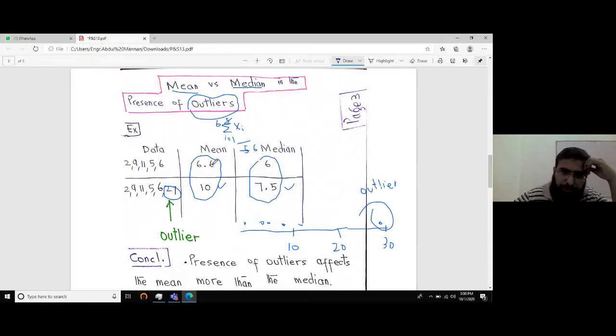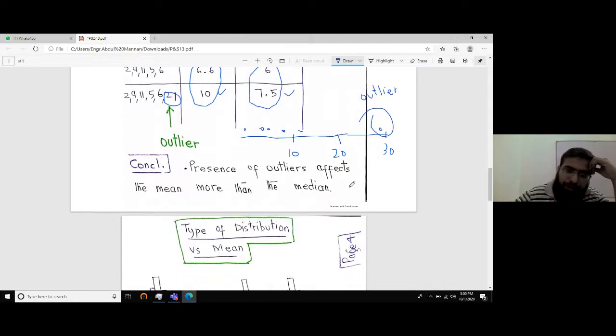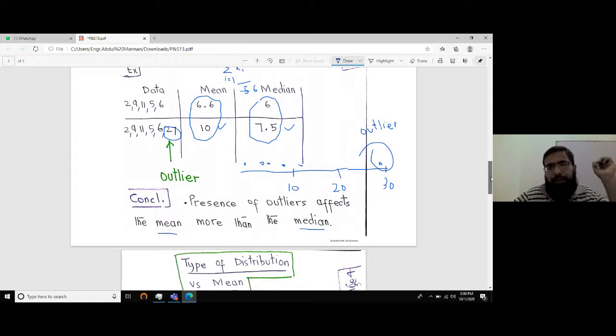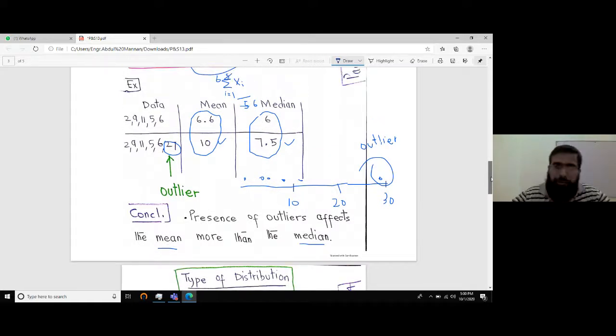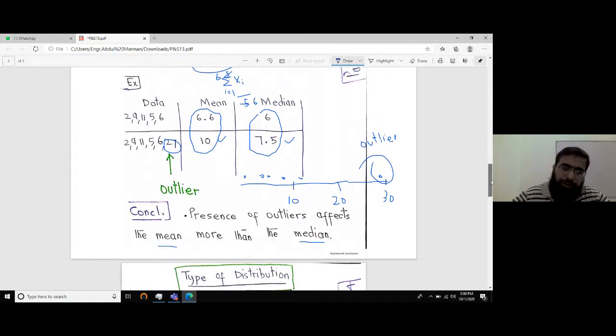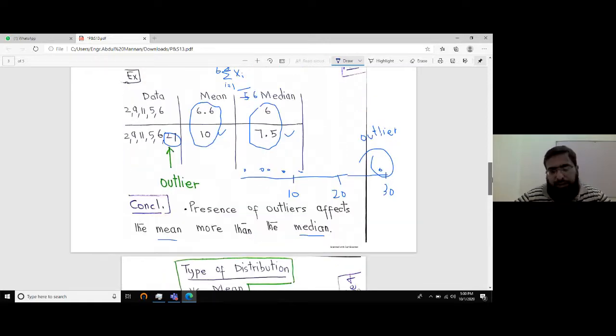So in the presence of outliers, the median tends to be a better measure compared to the mean. The mean is affected more than the median. So if we have outliers in our data, the median is a better measure of center compared to the mean.